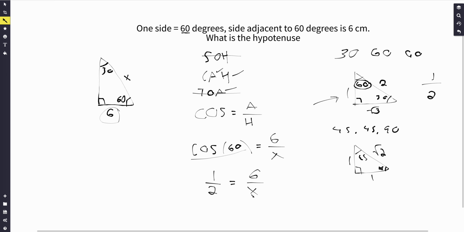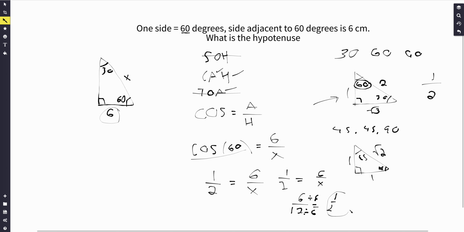Now we need to solve for x. We can just simply do simple algebra. We know that 1/2 is equal to 6 over what? So if we know 6 over 12, we can simplify that into 1/2 by dividing by 6 here and dividing by 6 here.